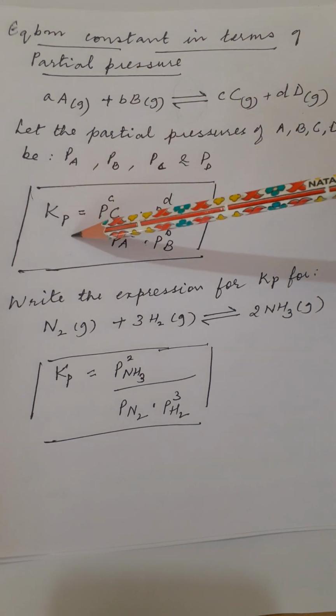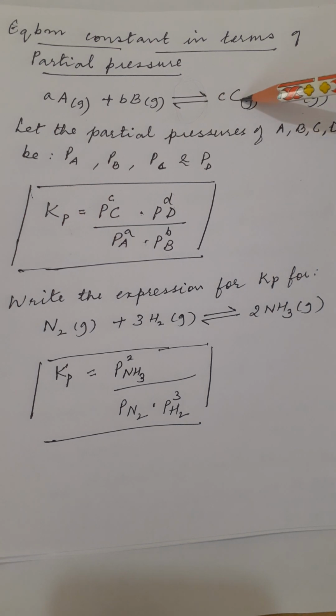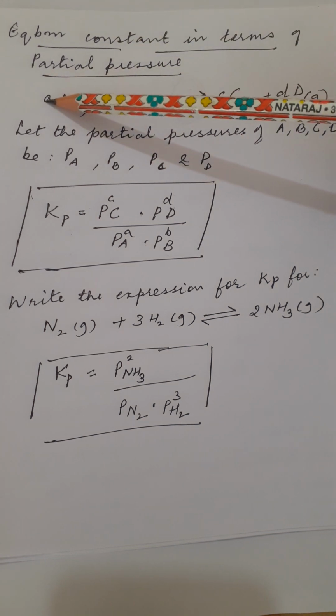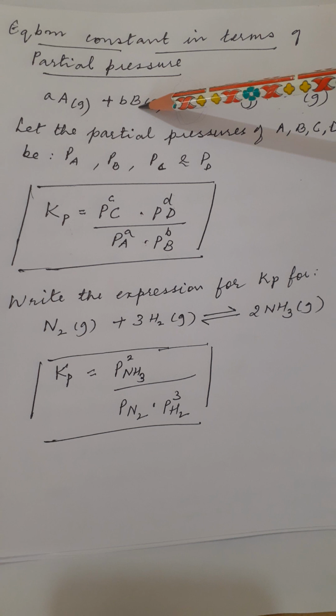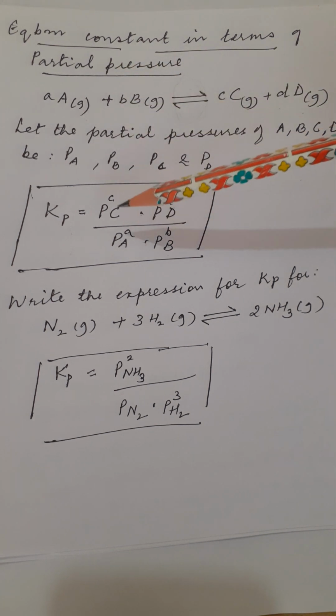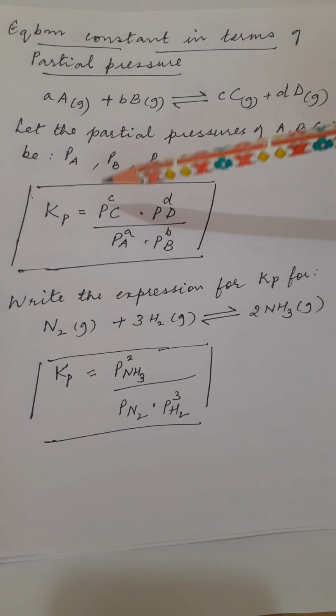So what is Kp? Kp is partial pressure of C to the power c into partial pressure of D to the power d upon partial pressure of A to the power a into partial pressure of B to the power b. And in case this was Kc, then what would it be?